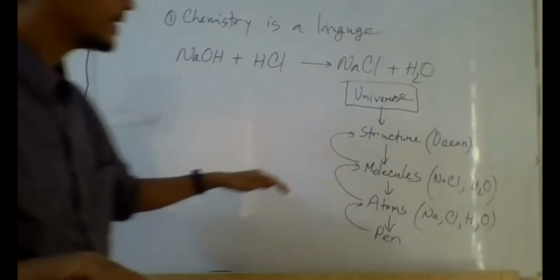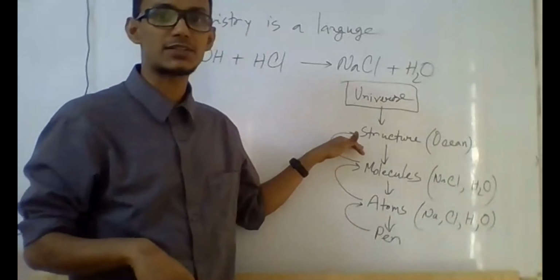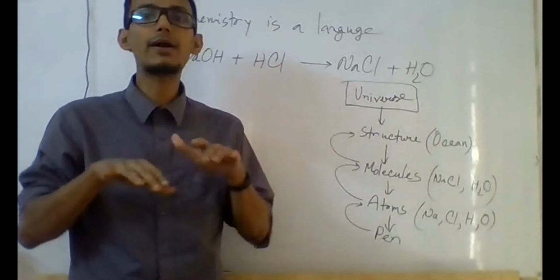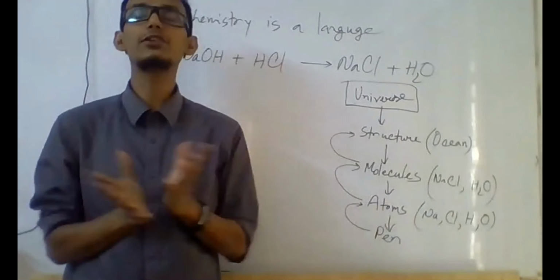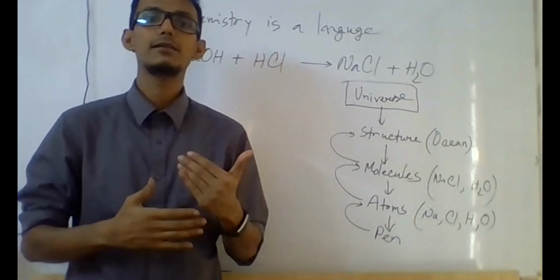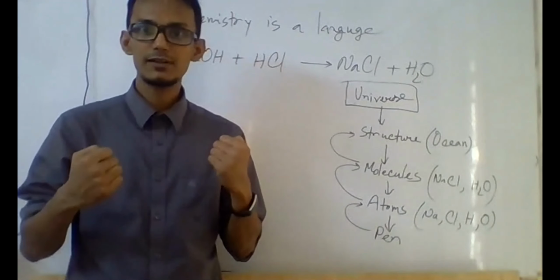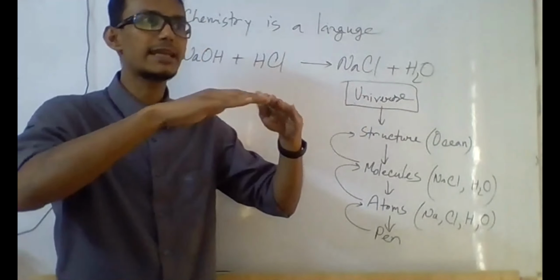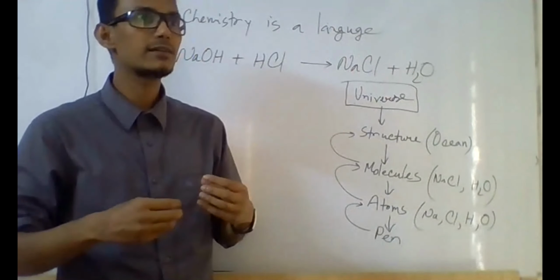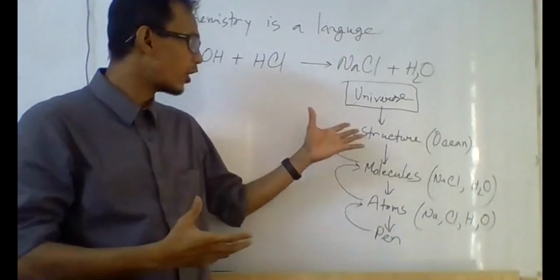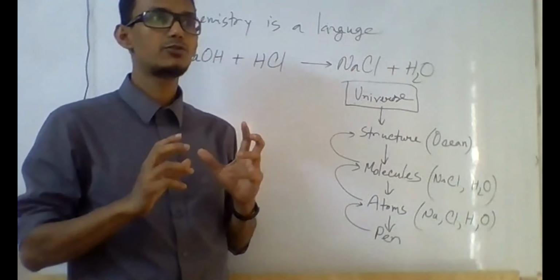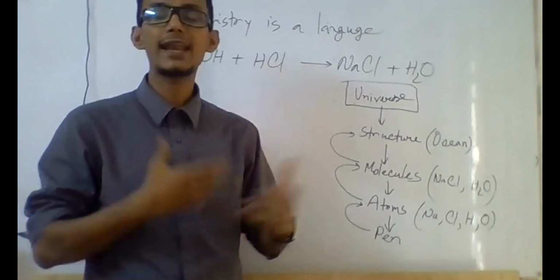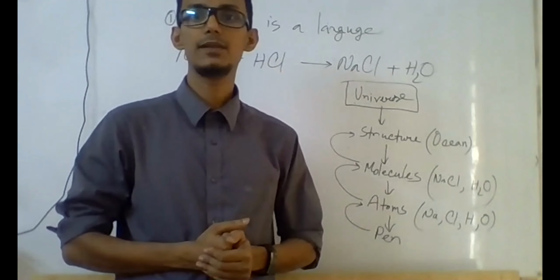After learning up to molecules, we'll see the structures, and then our understanding of the universe will be clear, and you will be very strong. Then you can take a problem and give your input on how you have understood to analyze those particular problems.